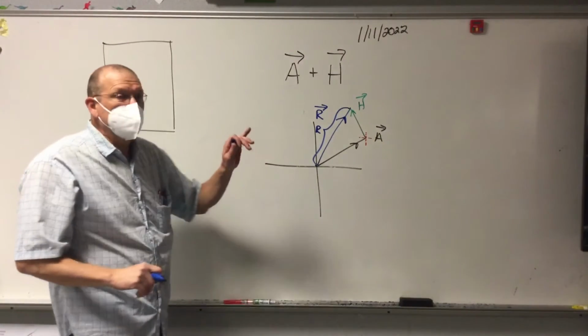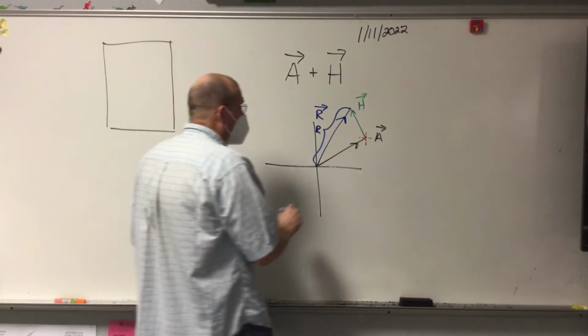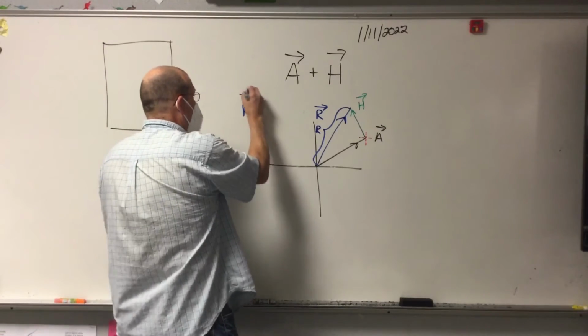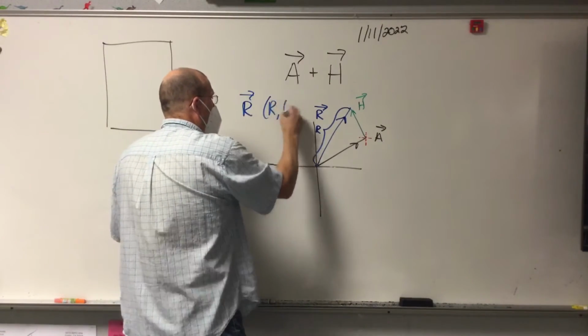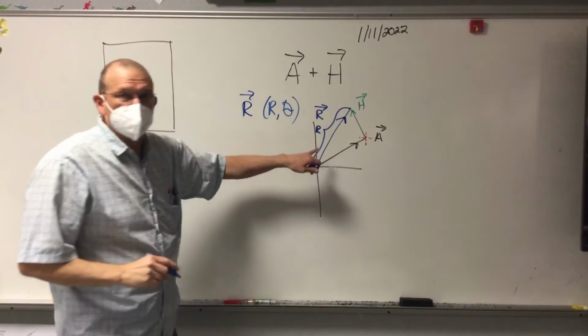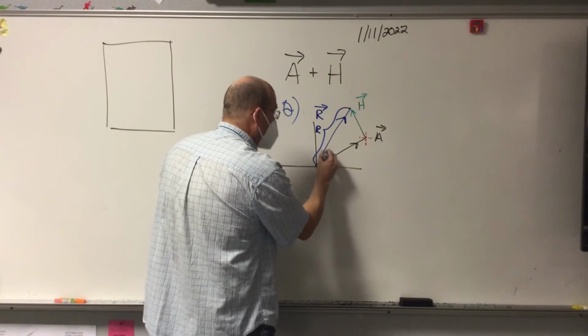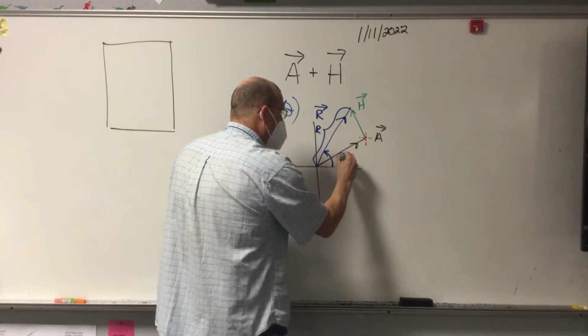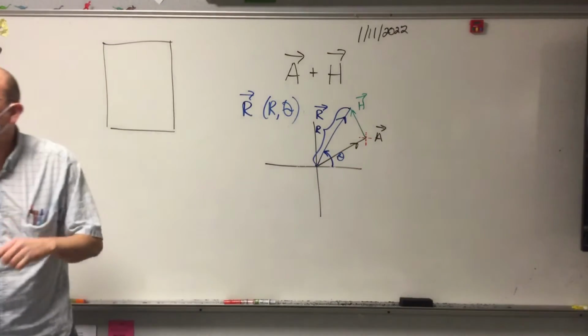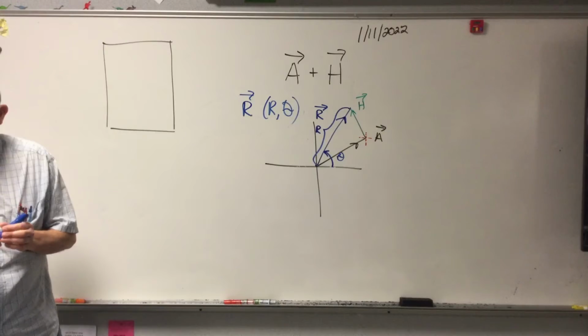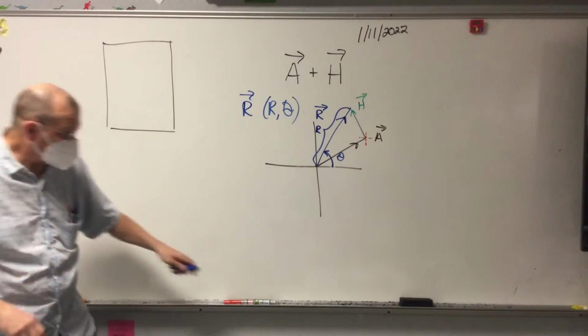And then to measure the angle of your resultant, you come back to your original set of coordinate axes and you measure around the appropriate number of degrees. Okay?